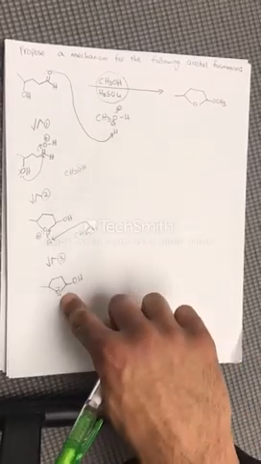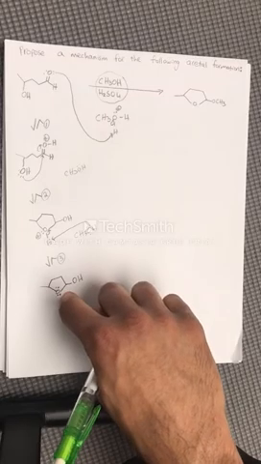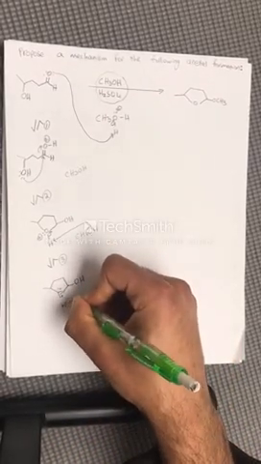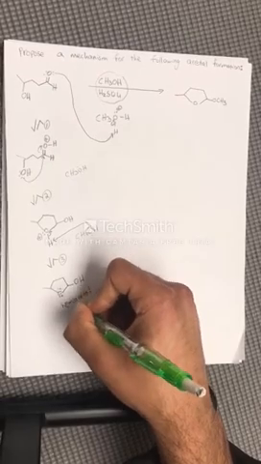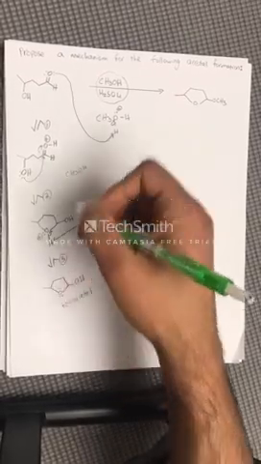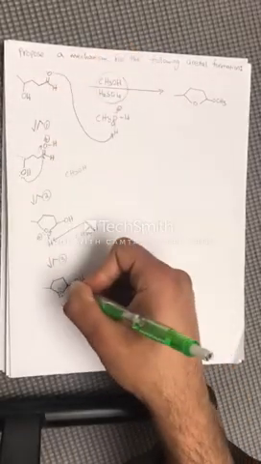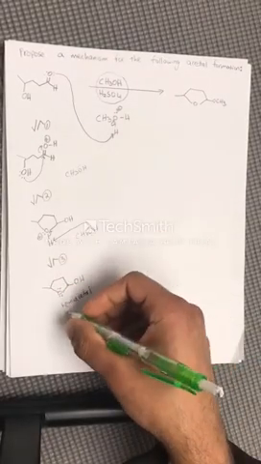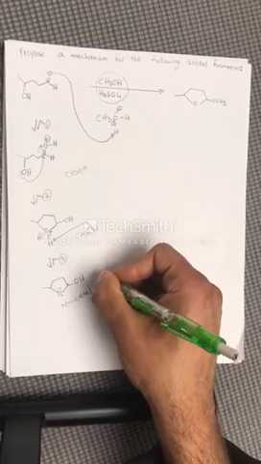At this point, you have what is known as a hemiacetal. This is your hemiacetal. How do you know? Well, this carbon has one OH group and one OR group. So it's a hemiacetal. We're halfway there.